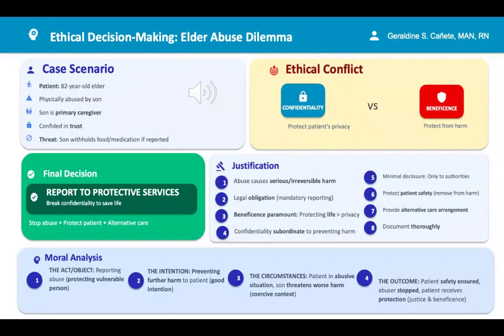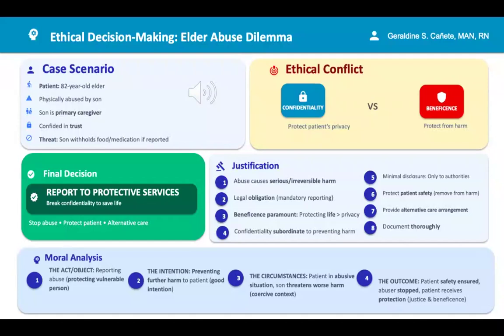Confidentiality is not absolute and can be overridden in situations where it is necessary to prevent harm. But of course, there has to be minimal disclosure. It should be disclosed only to authorities. The disclosure of confidential information should be limited to what is necessary to protect the patient.